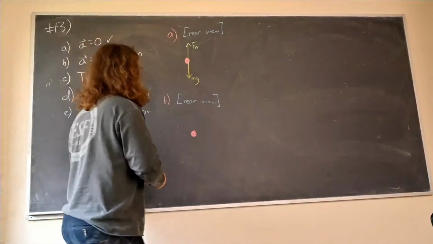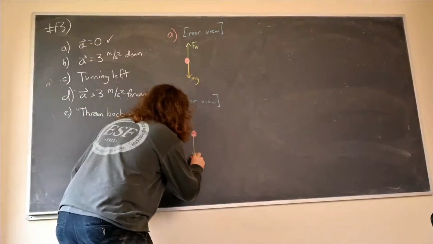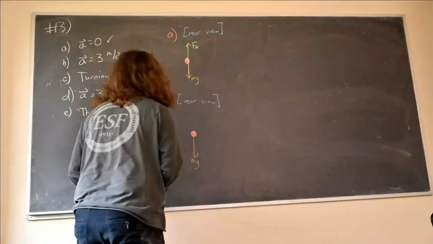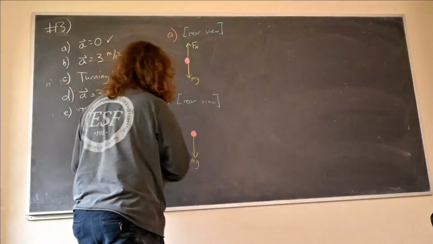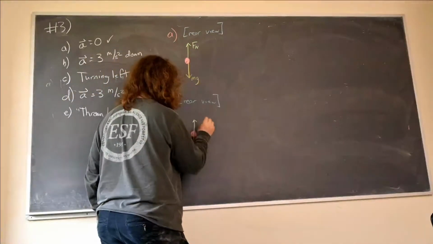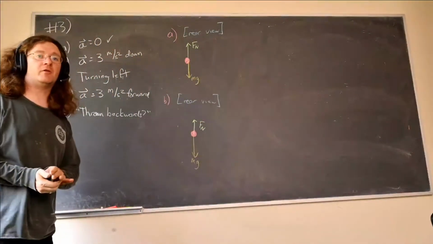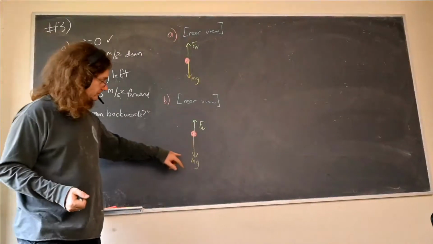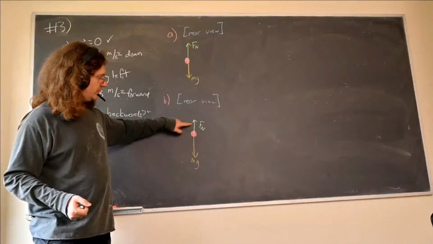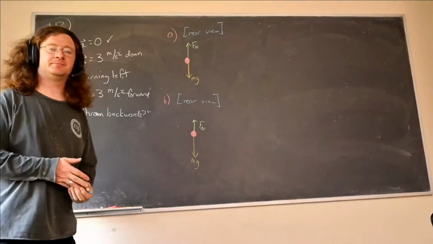So that means that gravity points down, but the normal force pointing upward is not so big. If my acceleration downward is 3 meters per second squared, then this is only going to be 2/3 as long as that one.